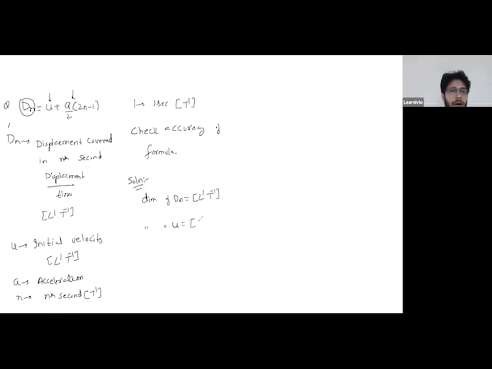Dimensions of u are, u is velocity, it's L1 T minus 1. Then you need dimensions of a by 2, 2n minus 1. So a is L1 T minus 2. This 2 is a number. n is time, so that's T1, minus 1 is time. This is T1. So Shafaq, can I cancel this T with T?